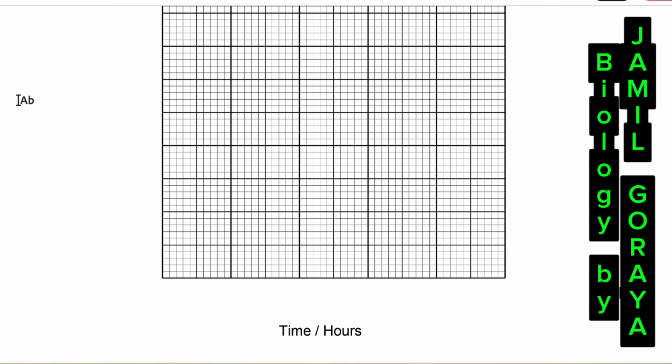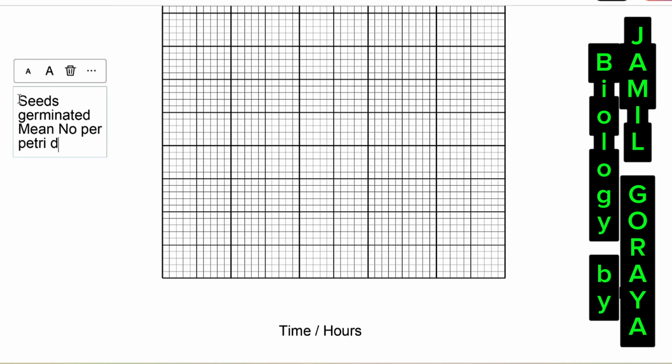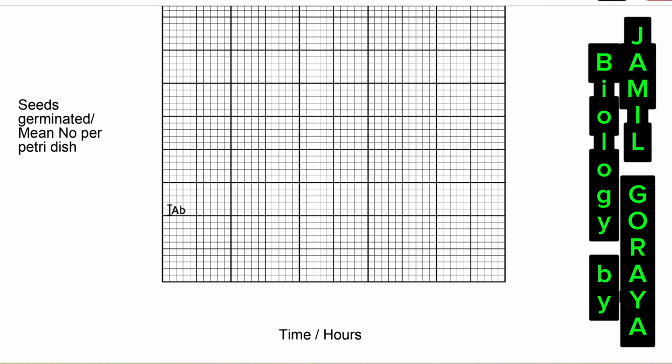So on y-axis, seeds germinated mean number per petri dish. Exact labeling is needed to get full marks. So by labeling the axis, we will get the first mark.